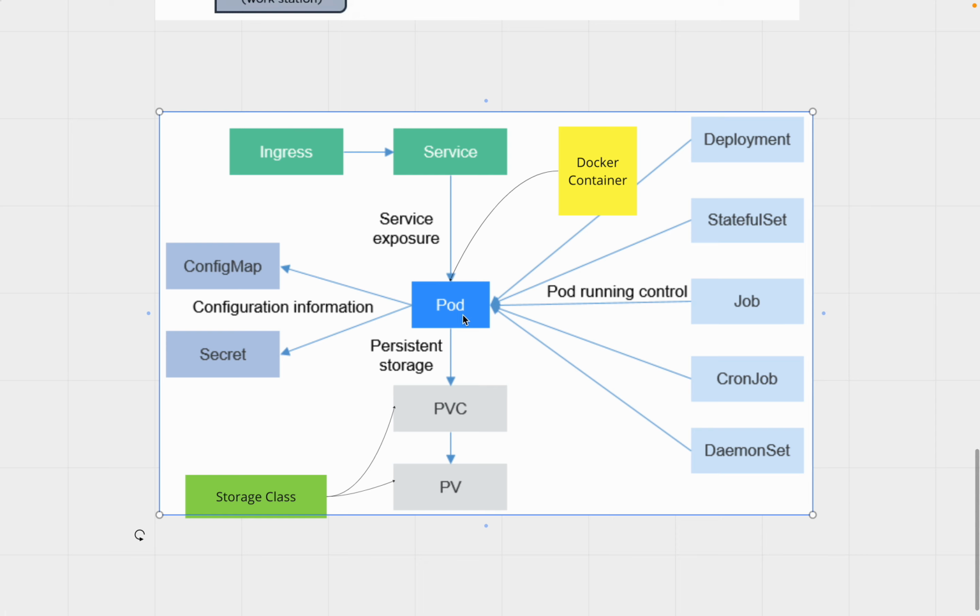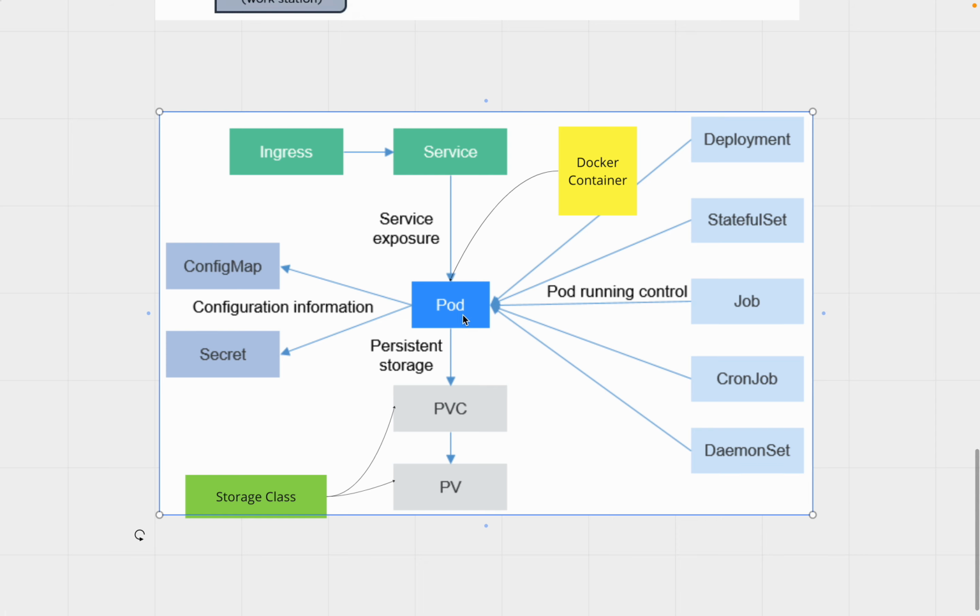So to persist our data in Kubernetes, we have two terms: persistent volume and persistent volume claim. A persistent volume is nothing more than this: let's suppose you have an application for recruiters, you can say, okay, I need 1 GB for my application.